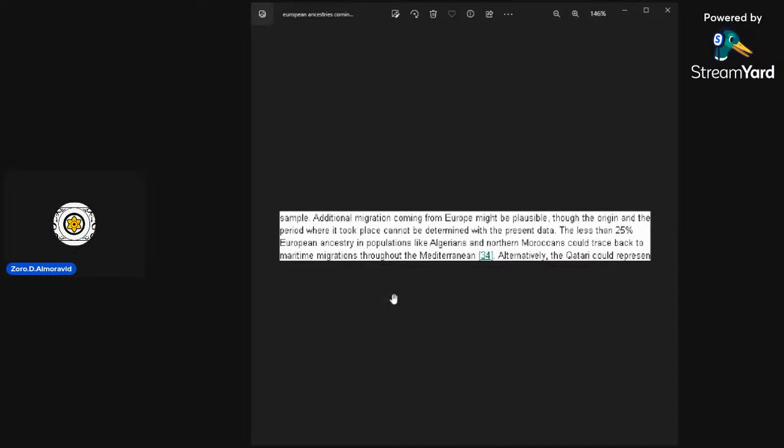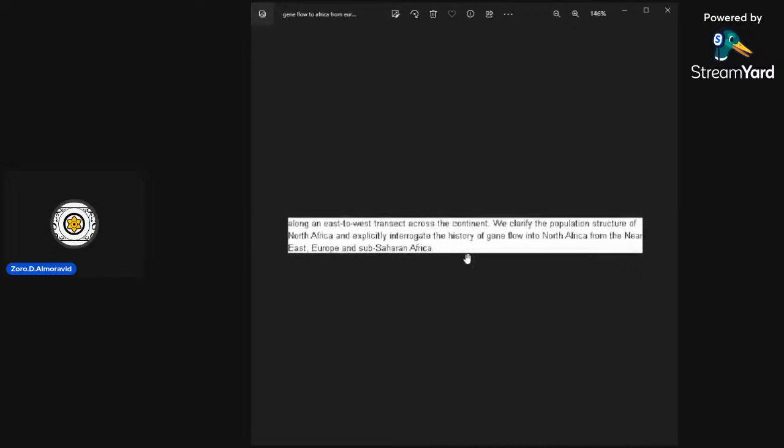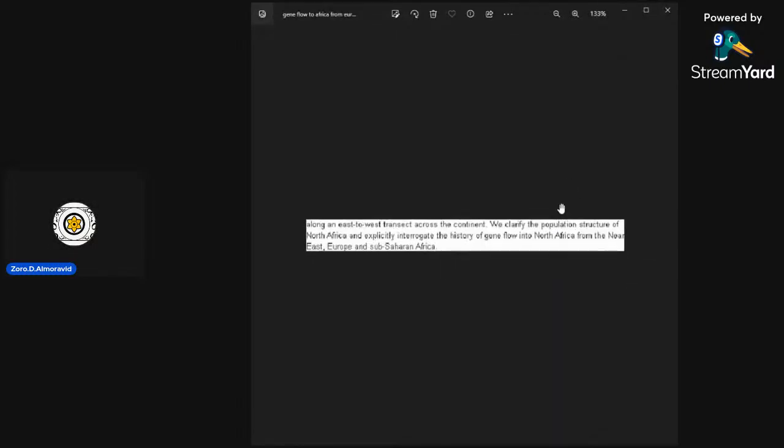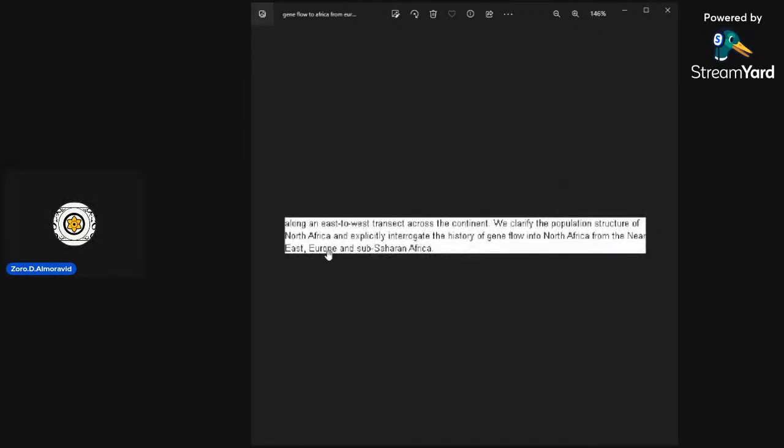So now to conclude this study here, we can conclude that the gene flow that North Africa is composed of is from three sources. The three sources are Europe and Sub-Saharan Africa and the Near East.